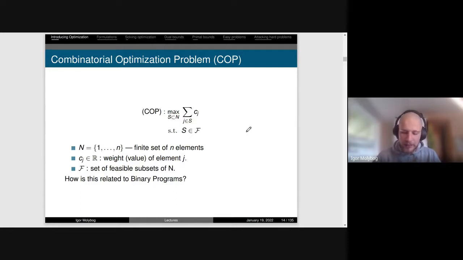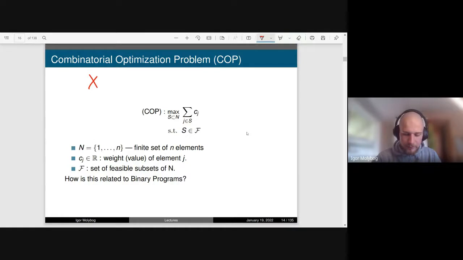So our x here is a subset S that belongs to F. Basically, this F is our capital X, and our S is the little x. So S is a subset of the set of n elements. This is what's written here.